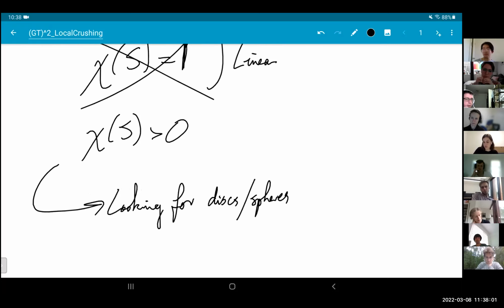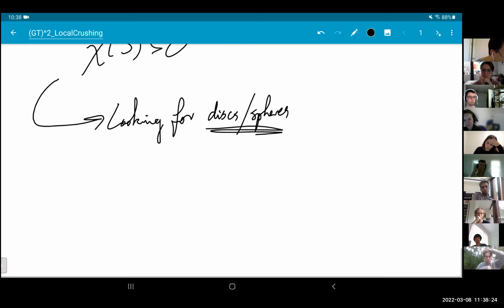Projective plane, but that can't appear because we're in a knot complement, which is a submanifold of S3. So we can't have projective plane. So this is it, or I guess disjoint unions of these things. But I claim that we can make sure that what we're finding is always connected.